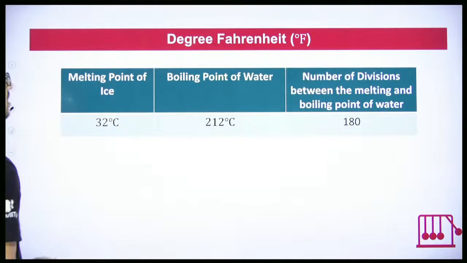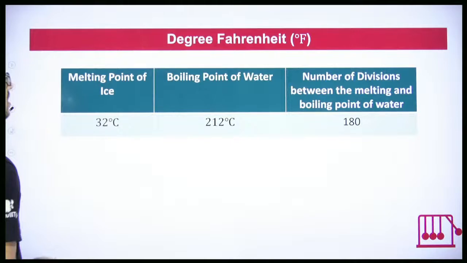Clear? So you can just say 212 minus 32 is equal to 180. The melting point of ice is 32 degree Fahrenheit, the boiling point of water is 212 degree Fahrenheit, and the number of divisions between them is 212 minus 32, which is 180 divisions.